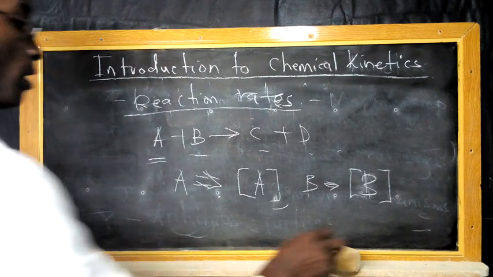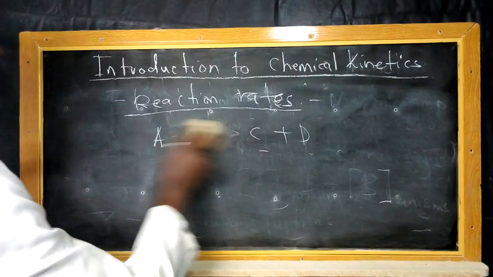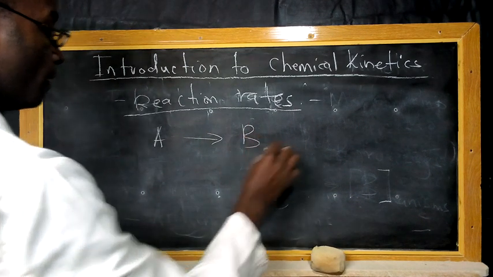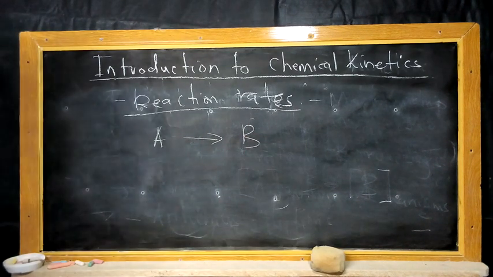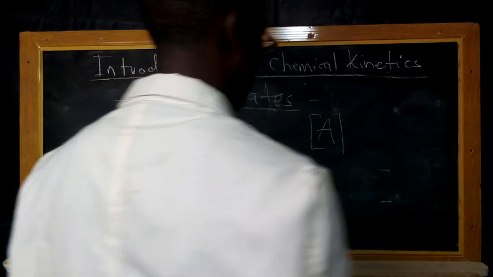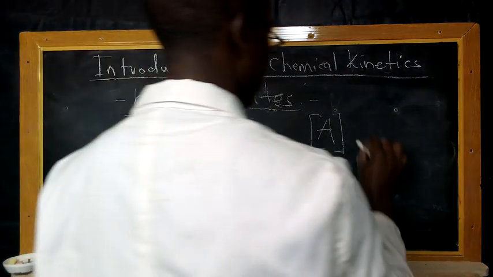Now for instance, we have a reactant that is forming a product, maybe A forming product B, then we shall indicate the concentration of A as the square brackets of A. This is a reactant.